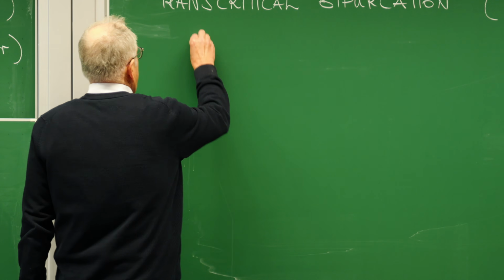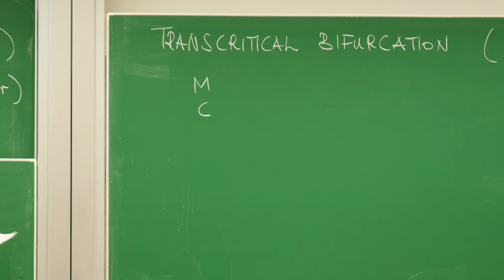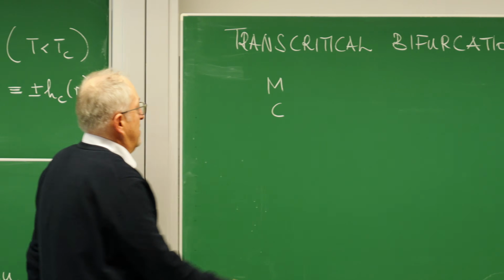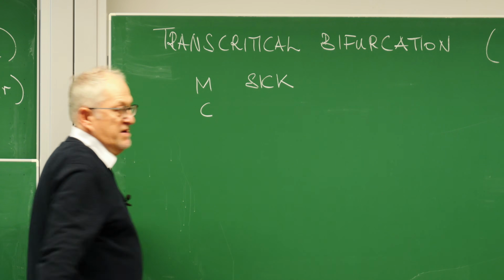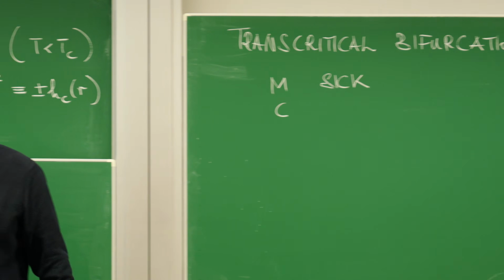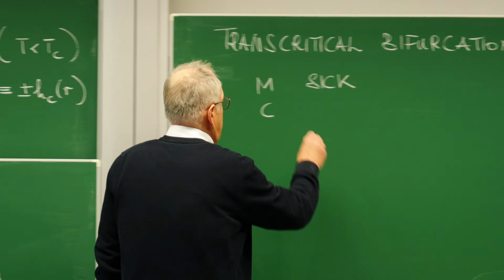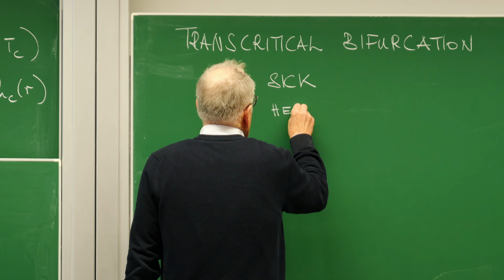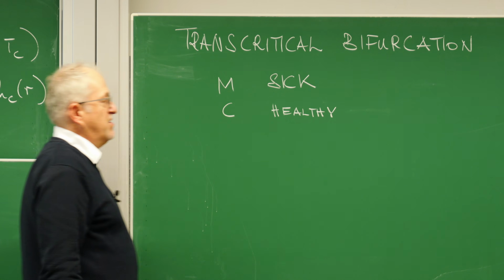So let's say we have two individuals that we call M and we call C. Let's say the individual M is in some way sick, so it carries a virus, and the individual C doesn't carry the virus, so we call it healthy.